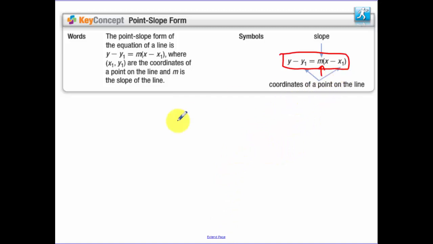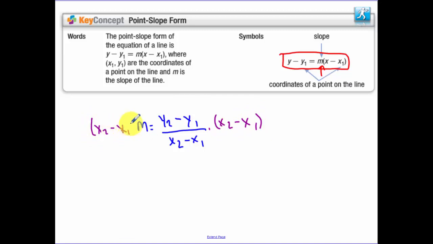Where this formula came from is our slope: y2 minus y1 over x2 minus x1. If I multiply both sides by what's in the denominator to get rid of the denominator, we have y2 minus y1 equals m times x2 minus x1.